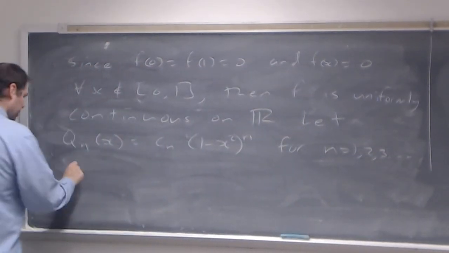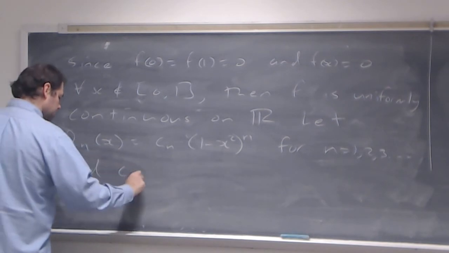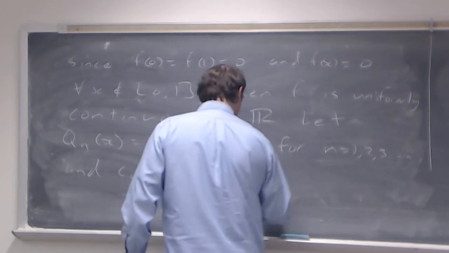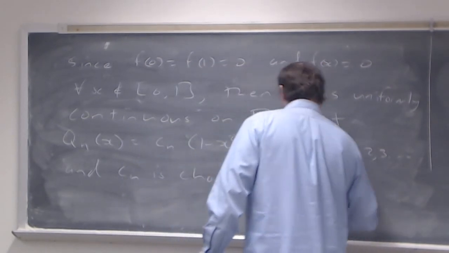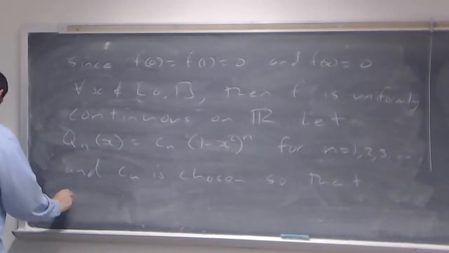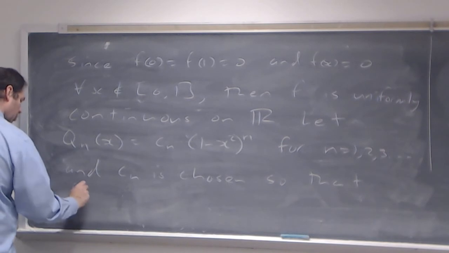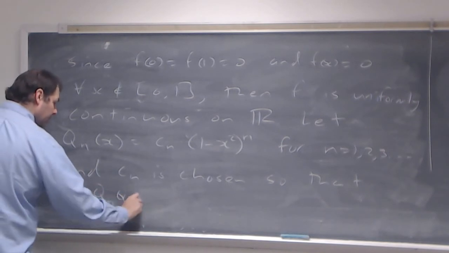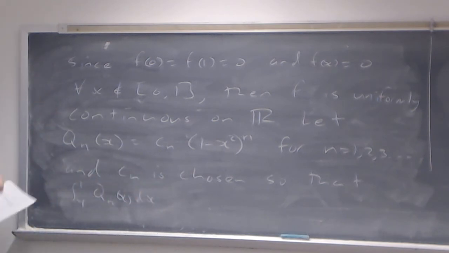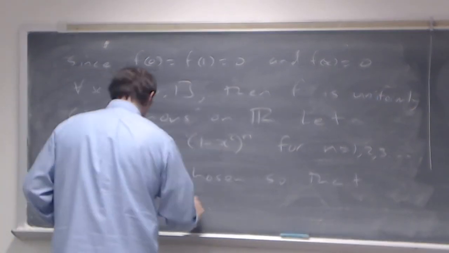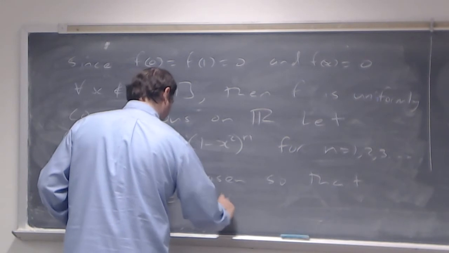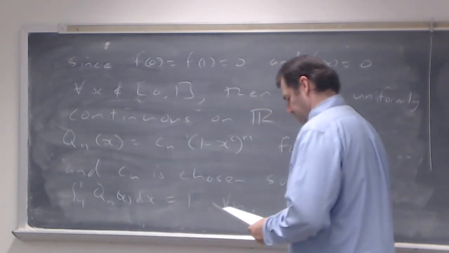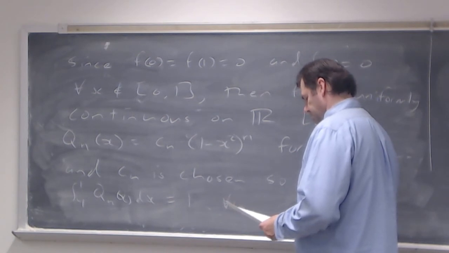And c sub n is chosen so that the integral from minus 1 to 1 of q sub n of x dx, the Riemann integral, is equal to 1, and that's true for all n elements of natural numbers. Okay?